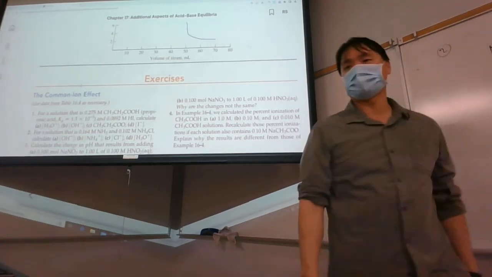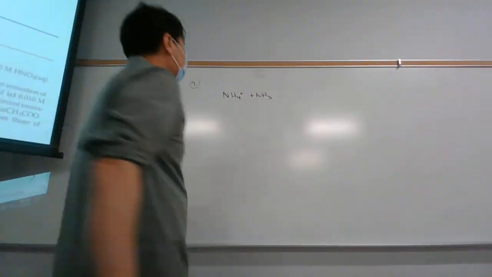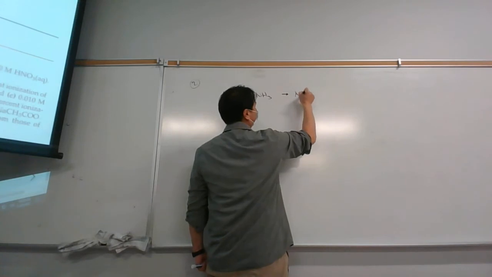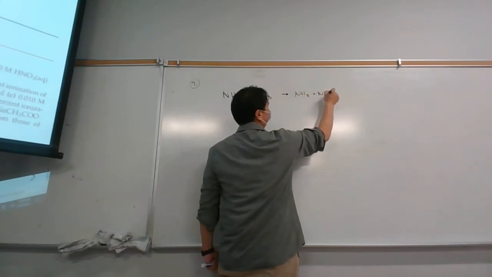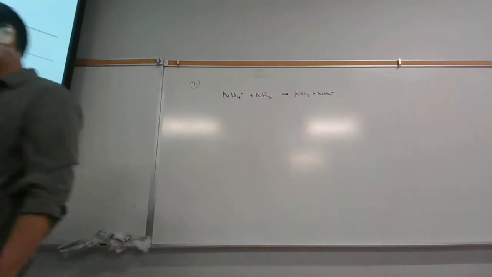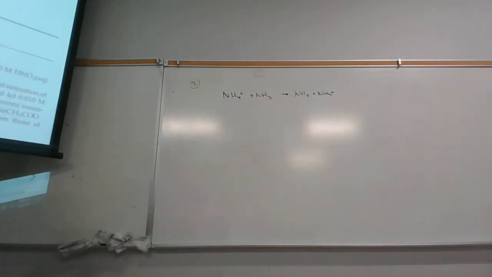And so what do we form? Ammonia plus ammonium. So what does that do for us? Nothing, basically. So then we look for the next strongest base and the next strongest acid.